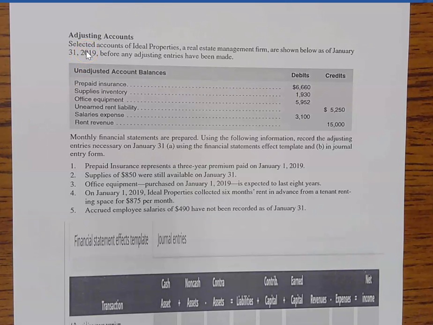Okay, so we have some selected accounts for a company called Ideal Properties, and these are shown below as of January the 31st of 2019, and these are before, very important, before any adjusting entries have been made. So we've got some unadjusted account balances here.